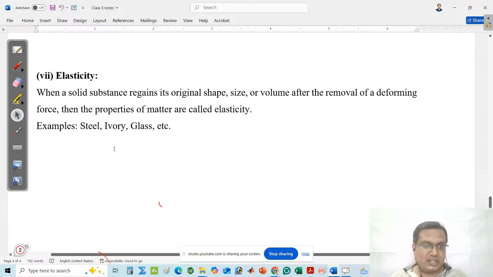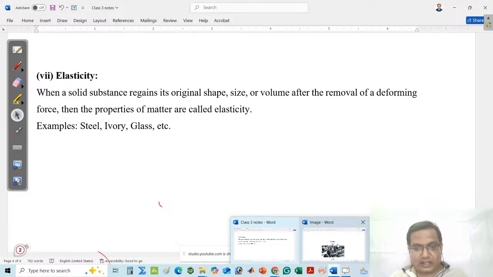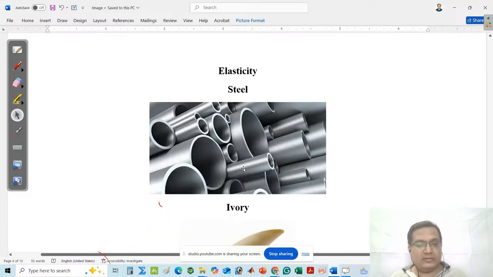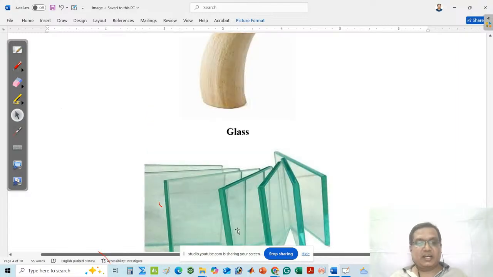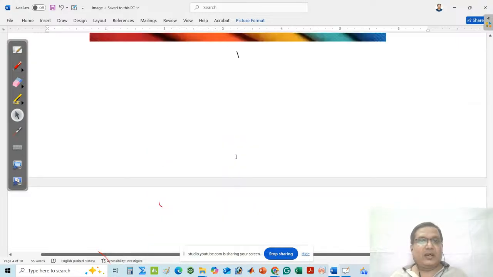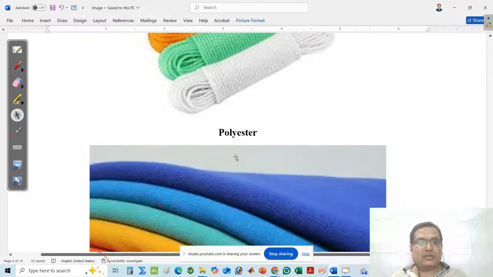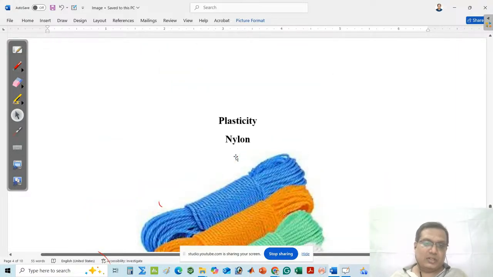Examples are steel, ivory, glass. Actually, it is very difficult to show the elasticity of steel, ivory, and glass because only by applying maximum stress do such substances show the elasticity property. If you think about plasticity, nylon, polyester show plasticity.